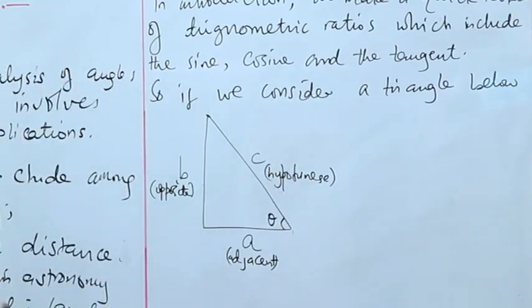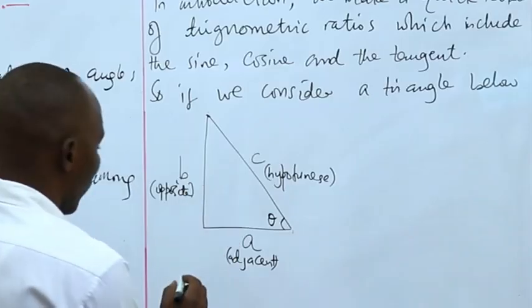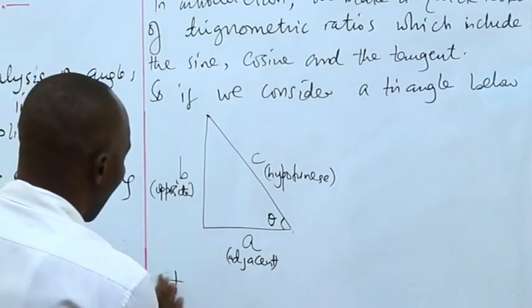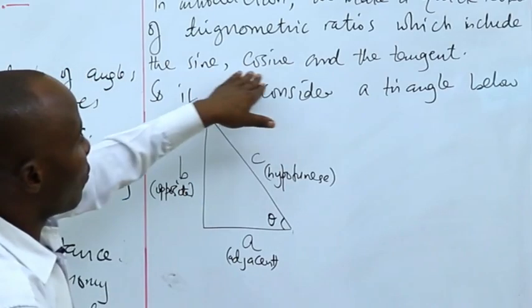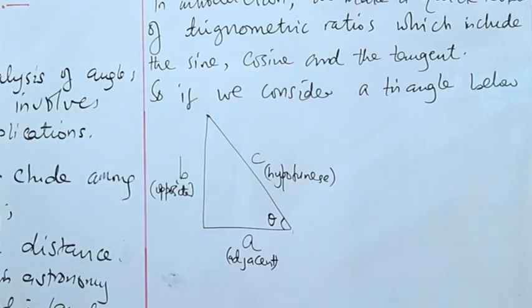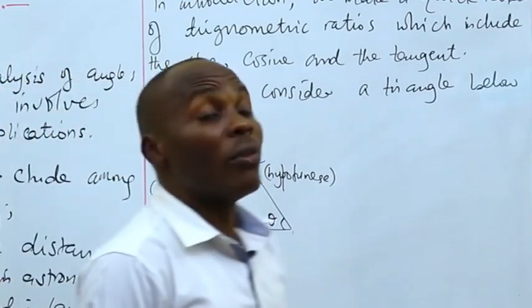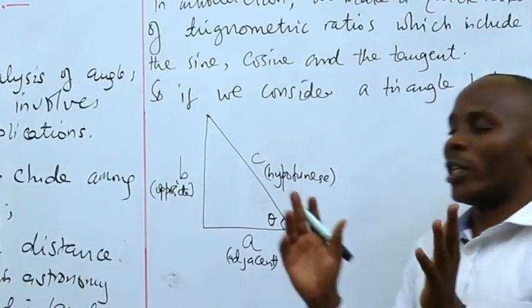If we are talking of sine, cosine, and tangent, these are full words. We can abbreviate them, just like I'll be abbreviating trigonometry as trig.